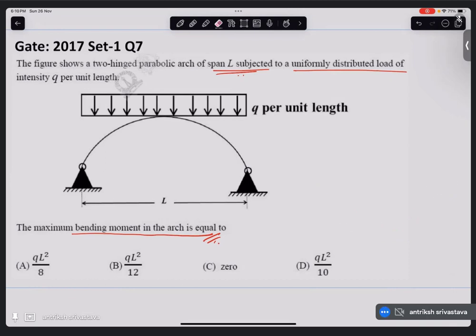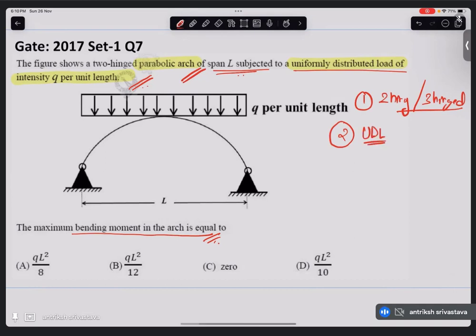Special is the arch is a parabolic arch and the UDL is spanning throughout the length. So when these two conditions are given to you and no additional load is given, what are the conditions? The arch can be either two hinged or three hinged. Then the UDL should be for full length.